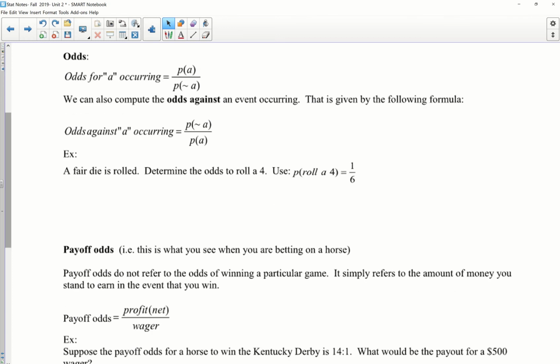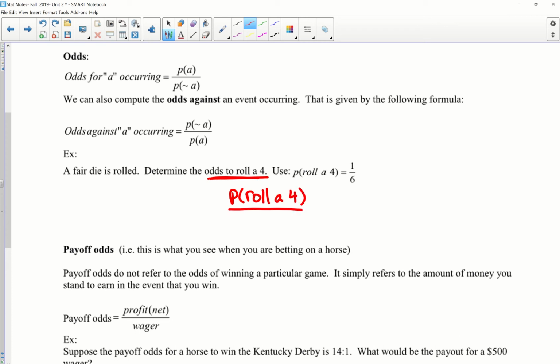So the odds for an event occurring is the probability of the event happening divided by the probability of it not happening. So it's as simple as that. So if I want to have the odds to roll a 4, all I'm going to do is find the probability that I'm going to roll a 4 and divide it by the probability I'm not going to roll a 4.